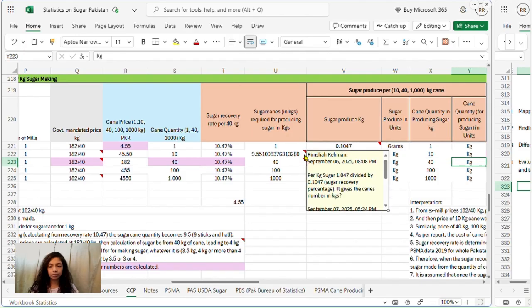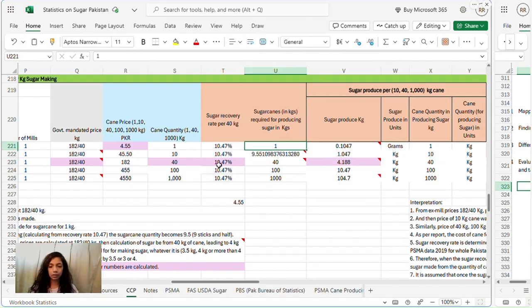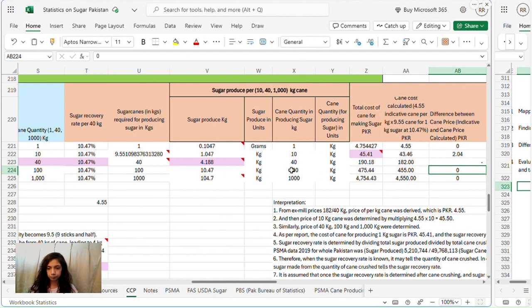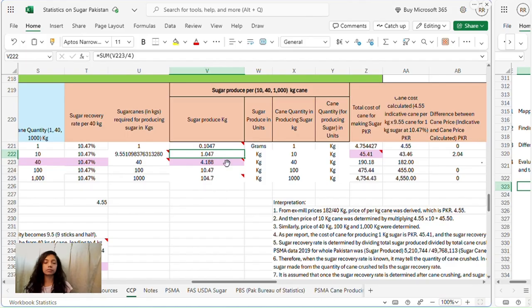So these are the canes: 1 kg of cane, 10 kg and 40 kg and 100 kg. This is for the reference here. Okay, so 1 kg of cane produces 100 grams of sugar, almost. 10 kg, consider this 10 kg of cane produce 1 kg of, now these are in decimals, that means this is 1 in kgs and the above numbers are in grams, so 1 kg 47 grams.